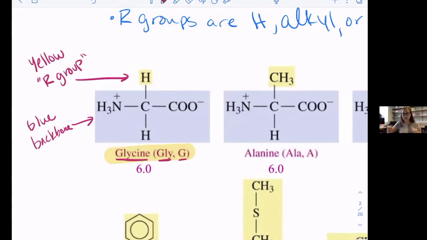That blue backbone, with the exception of one amino acid, is going to be the same throughout. And then lastly, I will point out this number here is the isoelectric point. So that is the pH at which you have your neutral amino acid.